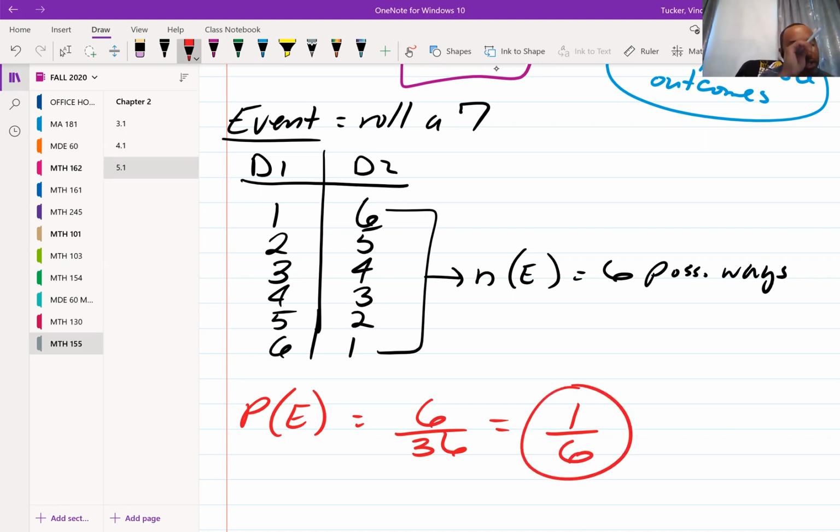So you have a 1 out of 6 chance of rolling a 7. All right, any problems?